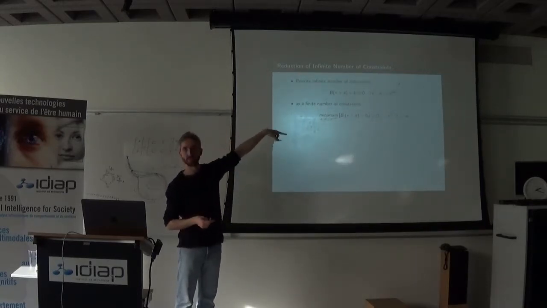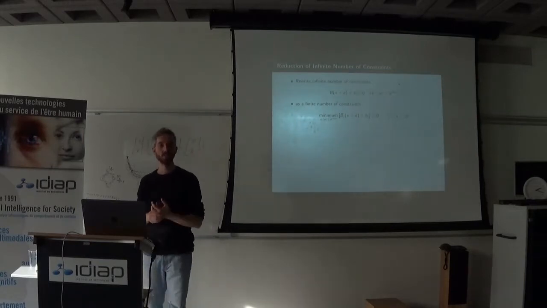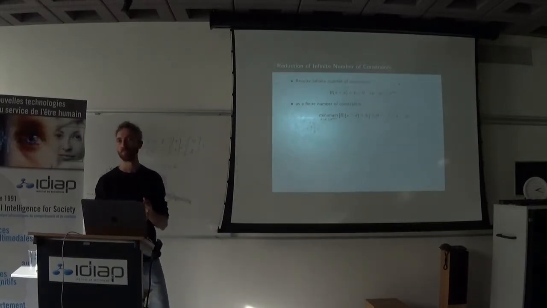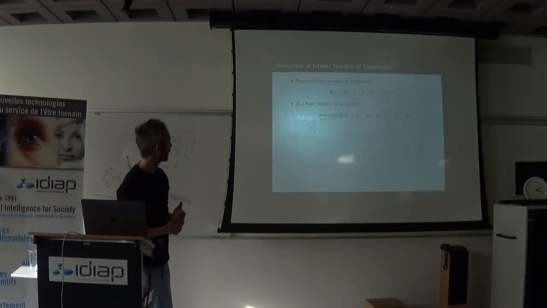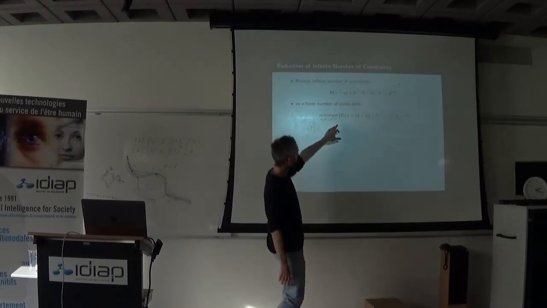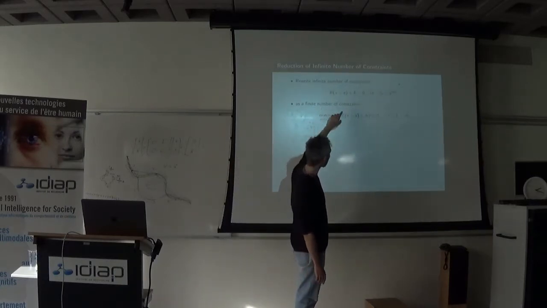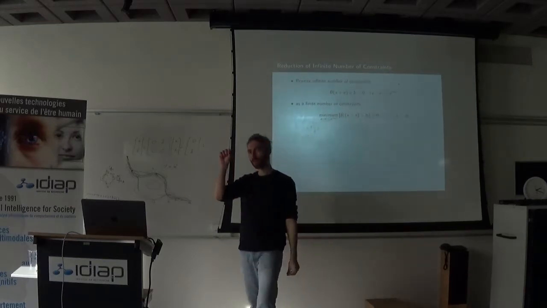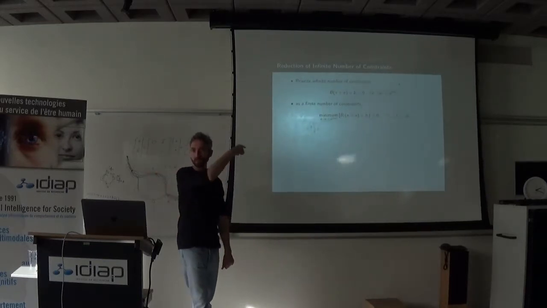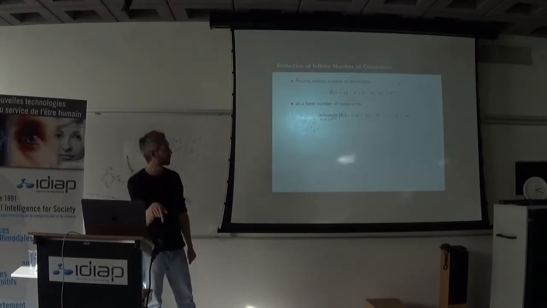Is this clear for everybody? Okay. And I just rewrote it for each single constraint. So BI represents the ith row or element of the matrix vector, capital B, small b.